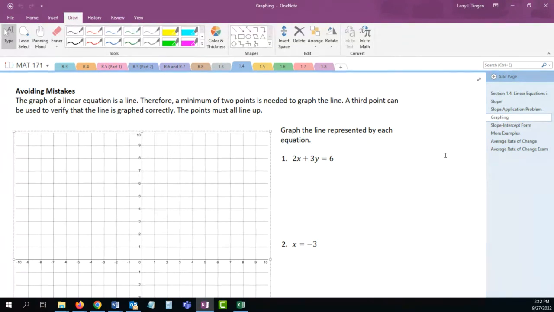So all I have to do is find 2 points and then connect those, and draw a line that goes through both of them. Just to be safe, or if you're having an off day and you're not confident with your math, find a third point and make sure they all line up.